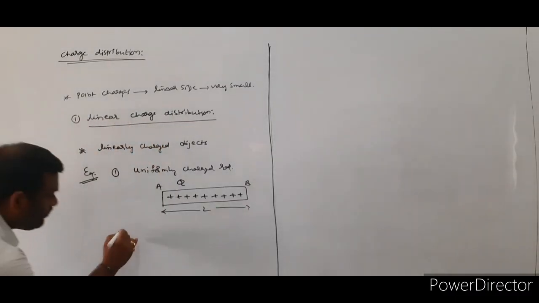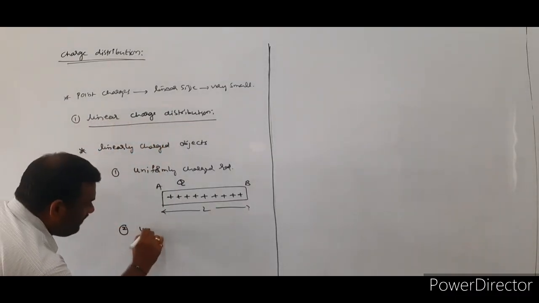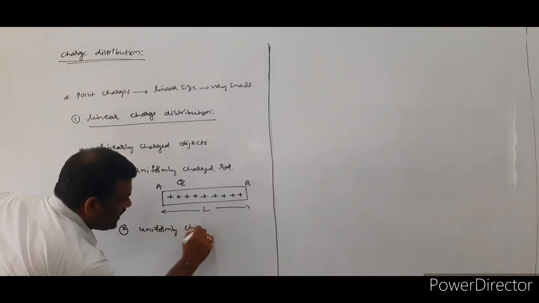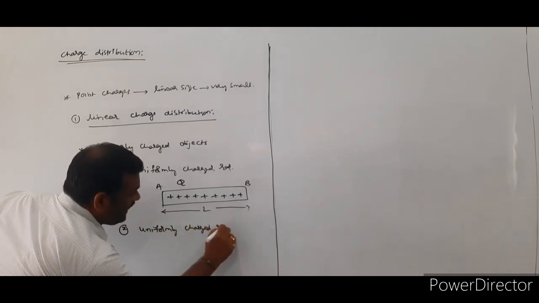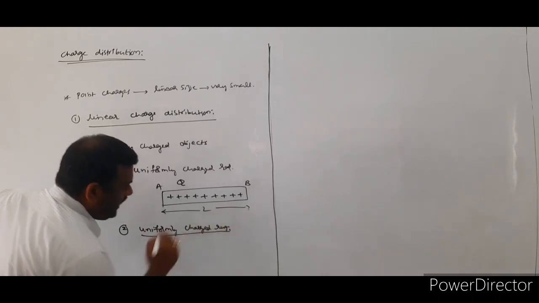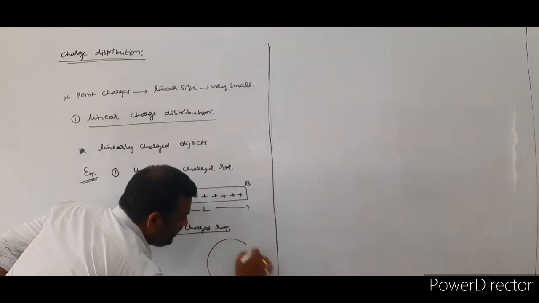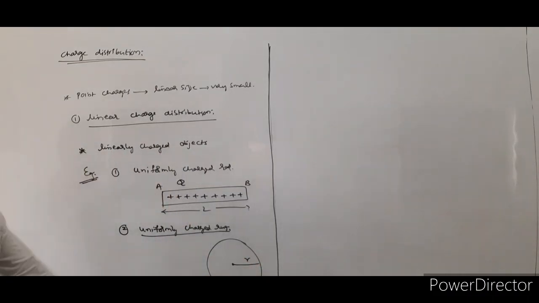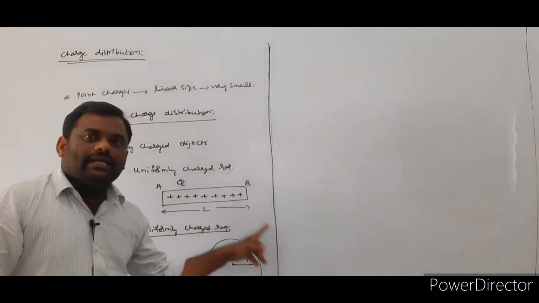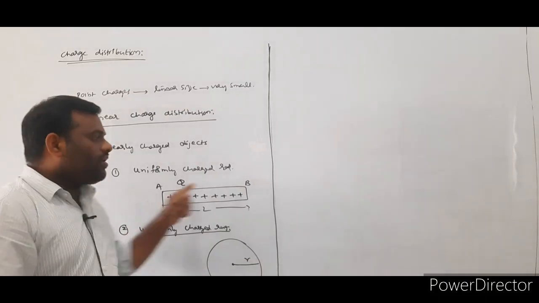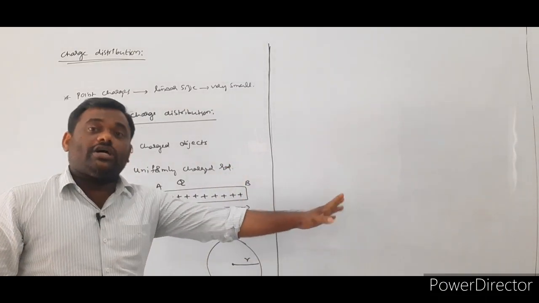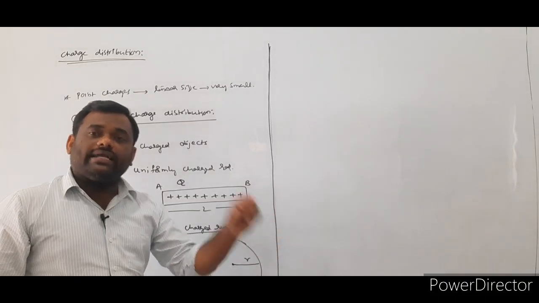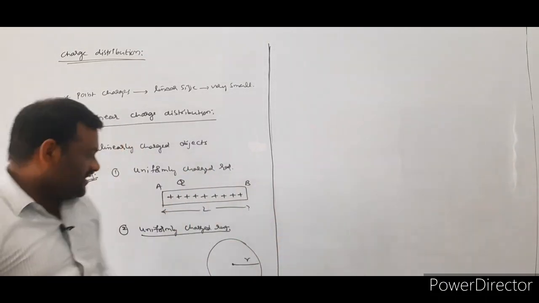And we will consider one more example: a uniformly charged ring. I consider a ring whose radius is small r. The uniform rod is a linearly charged object, and the uniformly charged ring is also considered a linearly charged object.